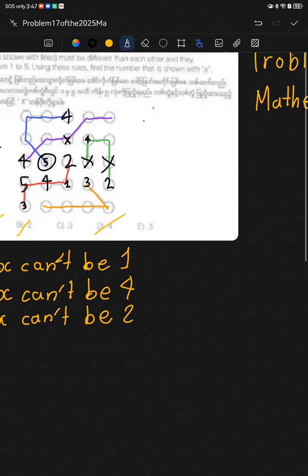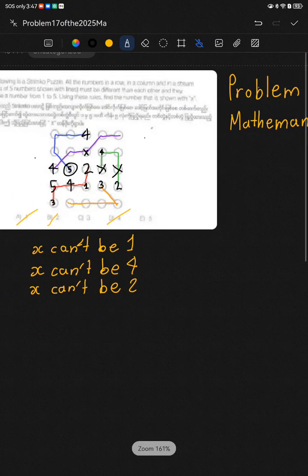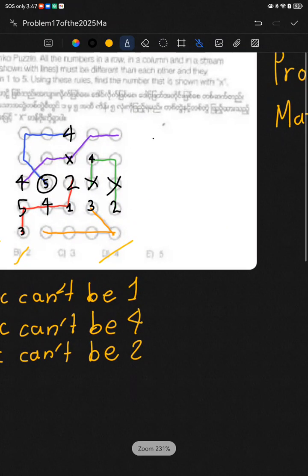And from the first rule, it says that all numbers in a row must be different from each other. So that means these cannot be 5 because they're already taken. So the only spot that we can put 5 is this spot.